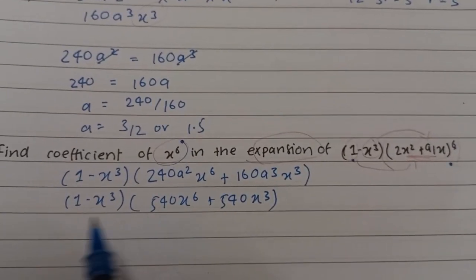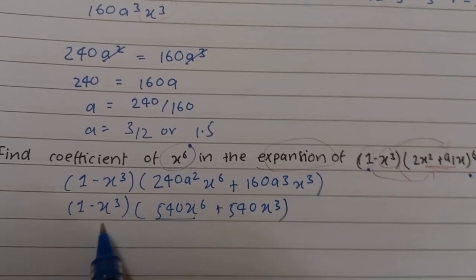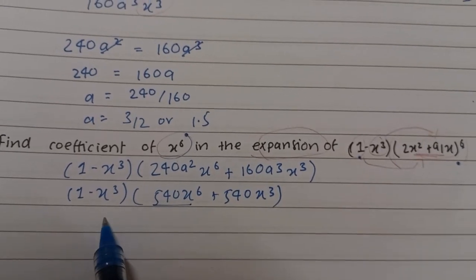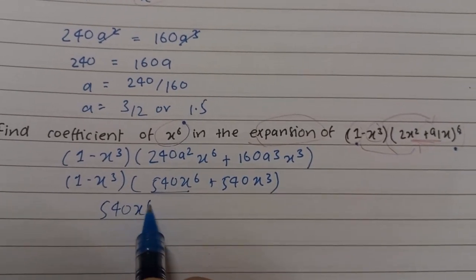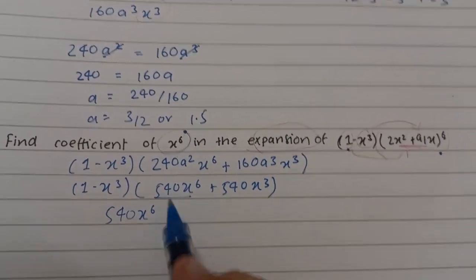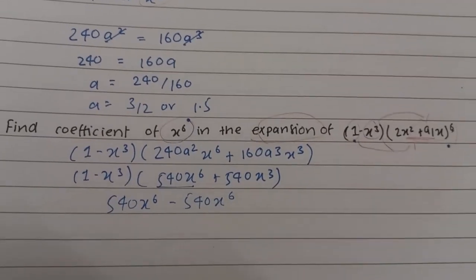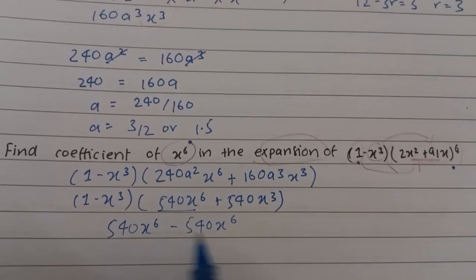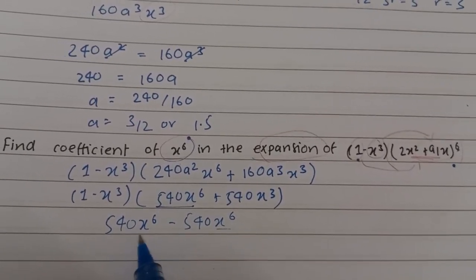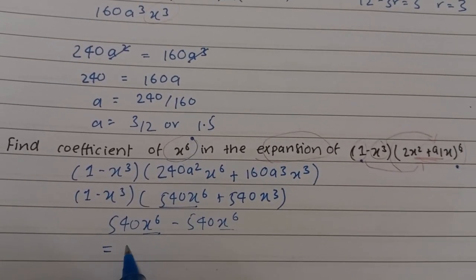So 1 into 540x raised to the power 6 is going to give us 540x raised to the power 6, and minus x³ multiplied by 540x³ will give us minus 540x raised to the power 6, because the powers will add. Because these terms are the same, the coefficients will subtract and the answer will be 0.